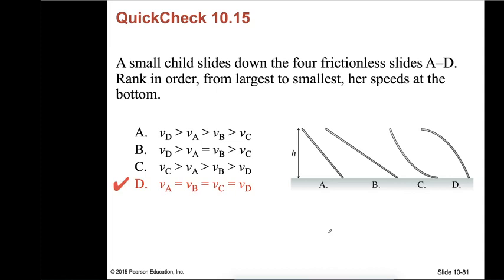It doesn't matter what path this kid is taking. It only matters the height. So if at the beginning the height is the same, then the original gravitational potential energy is the same, and then it will be converted into the same amount of kinetic energy. So the velocity or speed should be the same.